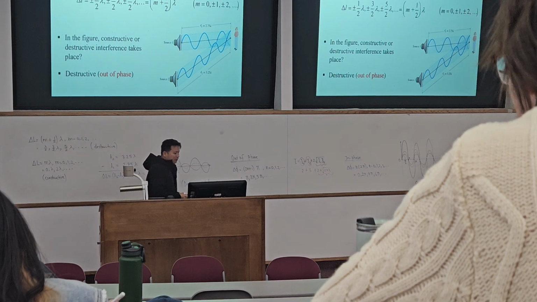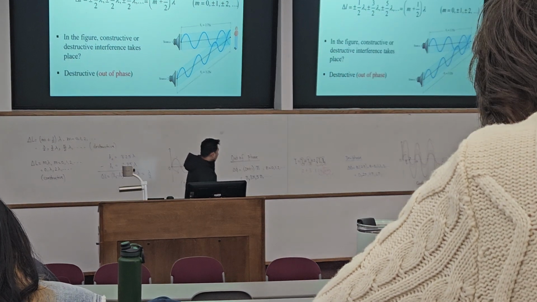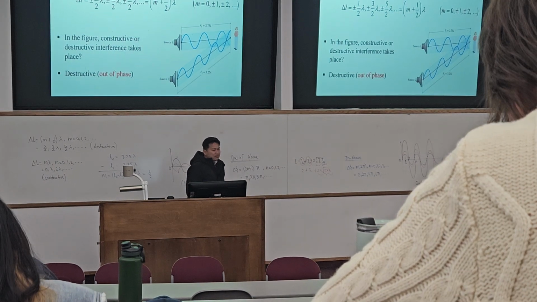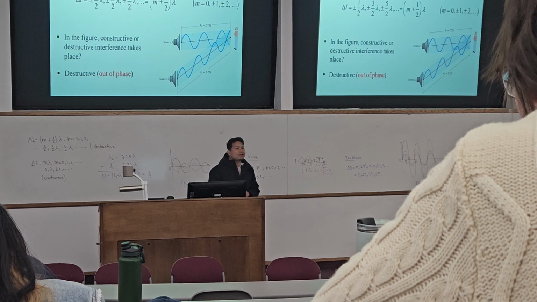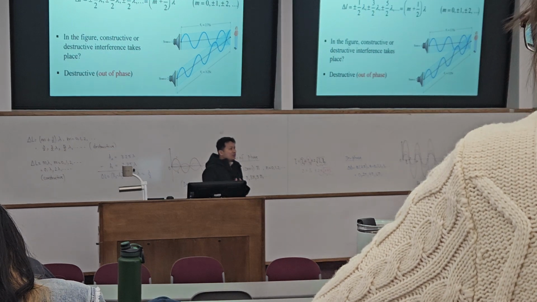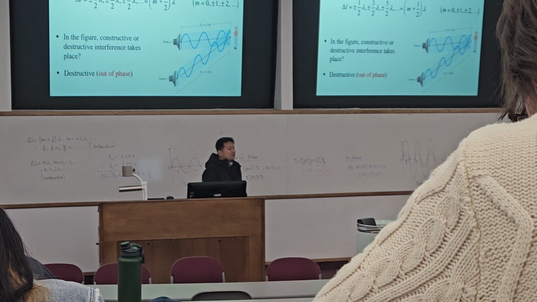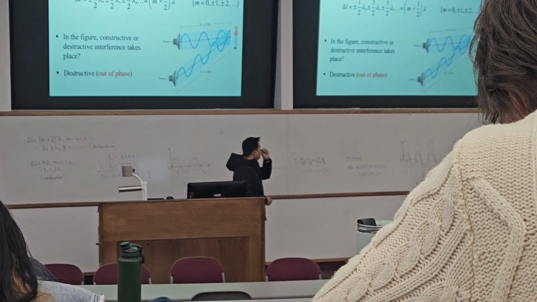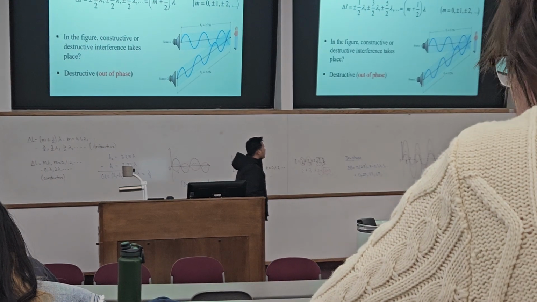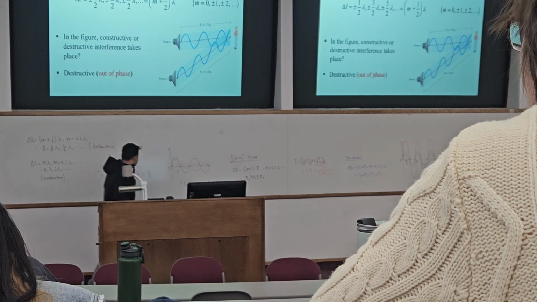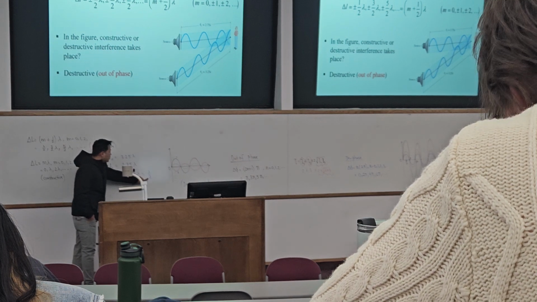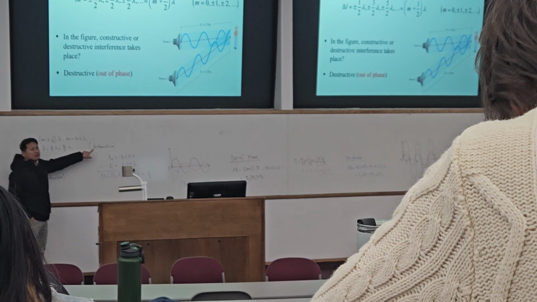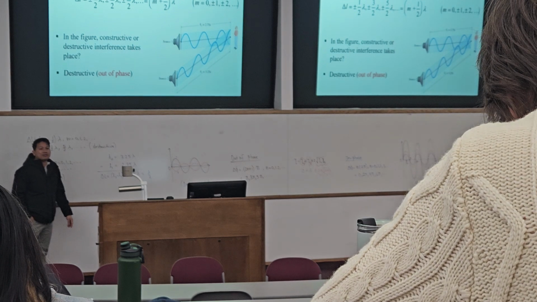So definitely you can talk about whether they are in phase or out of phase, but if the sources are a little bit far away from each other, the path difference also determines whether you have constructive or destructive interference. For example, why are you hearing a destructive interference over there? Because the path difference I just calculated is lambda over 2, and lambda over 2 is the condition for destructive interference.